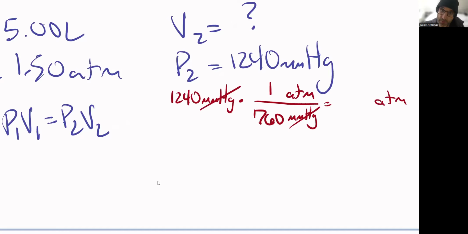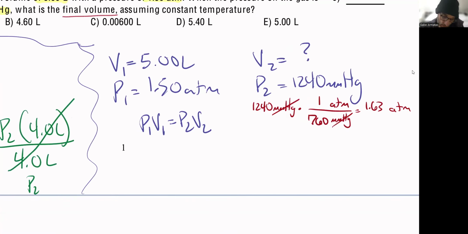If I do the math, this is going to be 1240 divided by 760, giving me 1.63, well, 1.632, technically. 1.63 atmospheres. And now we are ready to go.